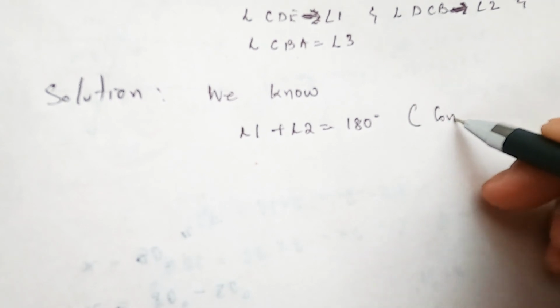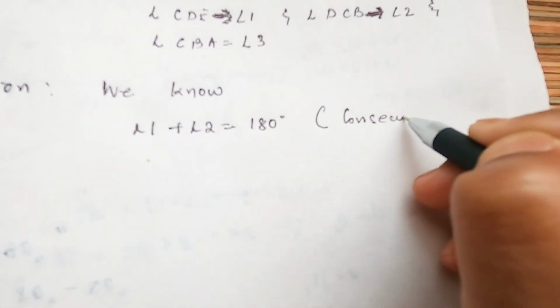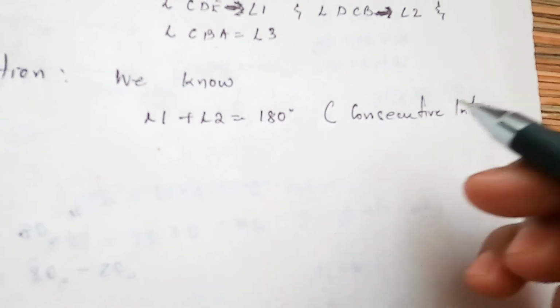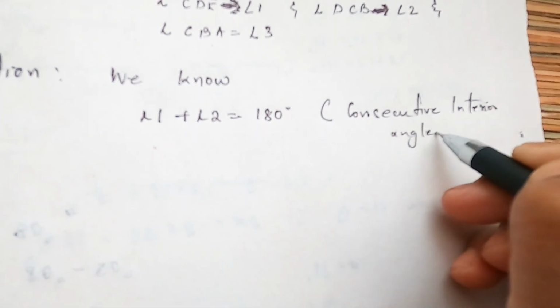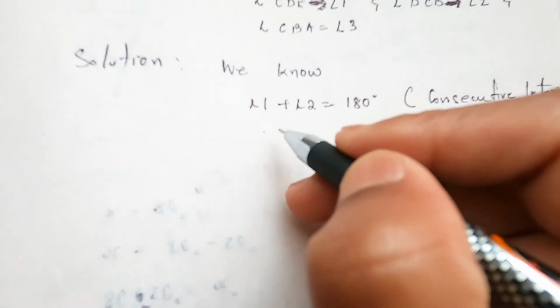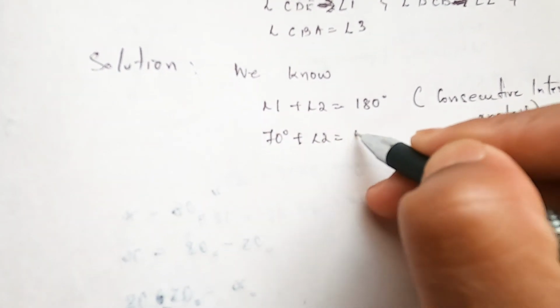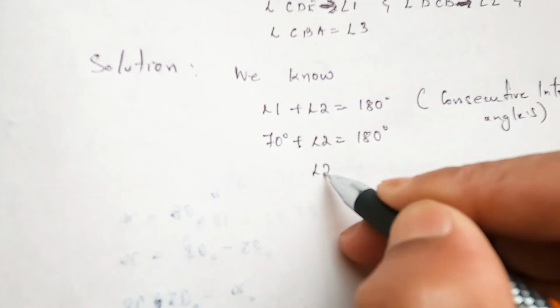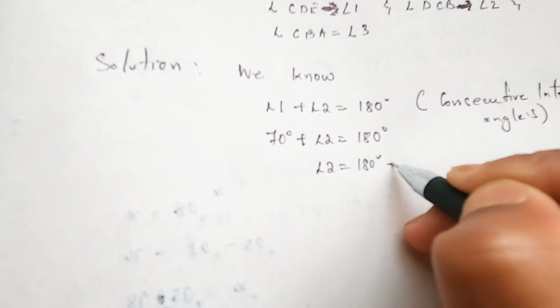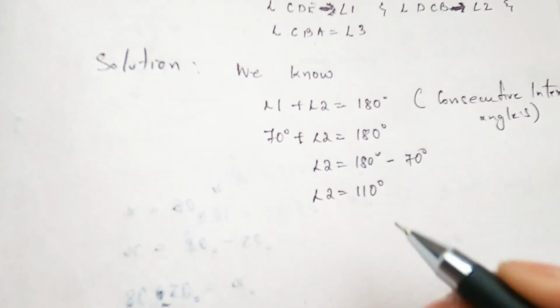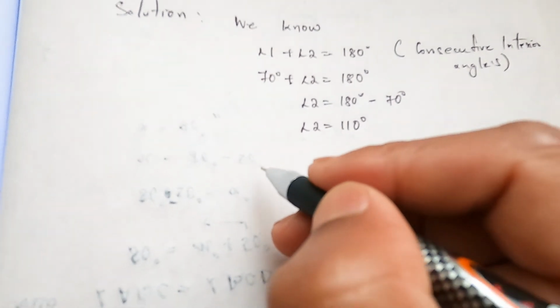The reason is consecutive interior angles. So angle 1 is 70 plus angle 2 is equal to 180. So angle 2 is equal to 180 minus 70. So angle 2 is equal to 110. All right, so we have found out the measurement of angle 2.